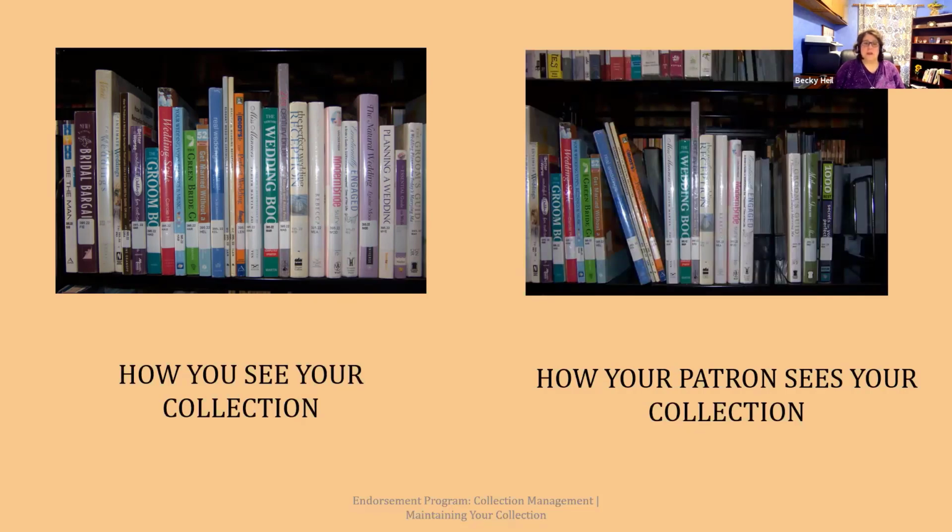This is what they think your collection is. Maybe the best books on weddings are checked out right now, so all they see are the old and outdated ones and the gaps in your collection. Those gaps represent the collection in use, and that is actually the best evidence of what your patrons really want.